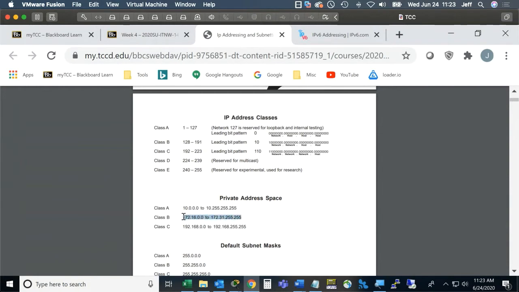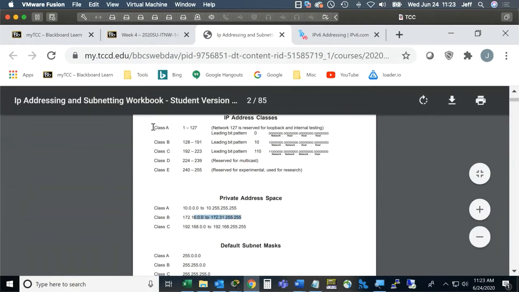Now, you also have the 172.16 through 172.31 networks. There are different networks for it, so there's 16 networks. Can you imagine having that many at home? So there's 16 Class B networks.